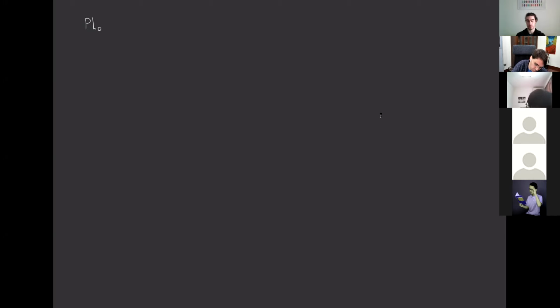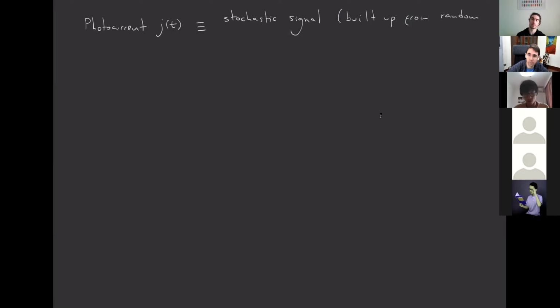So the photocurrent J of t, this is a stochastic signal, okay, that is built up, so it's stochastic because it's built up from random photon absorption and electron collisions.